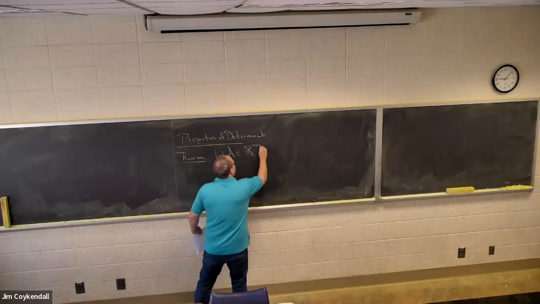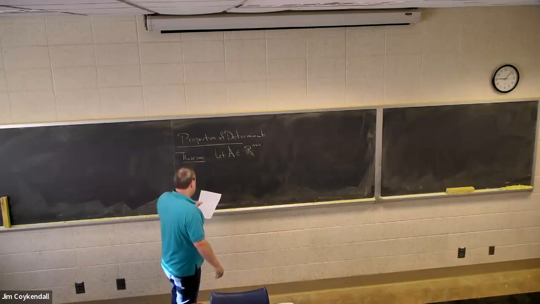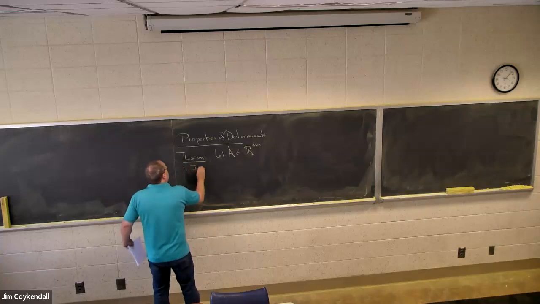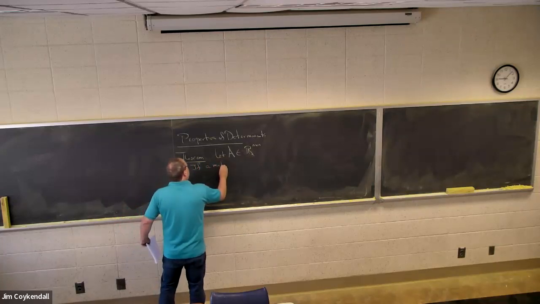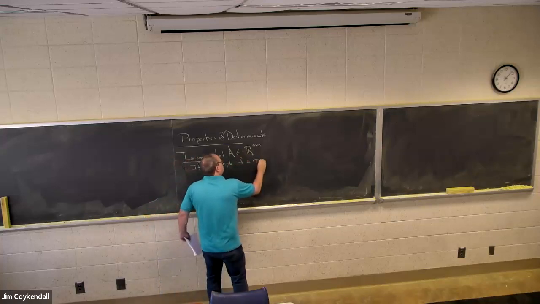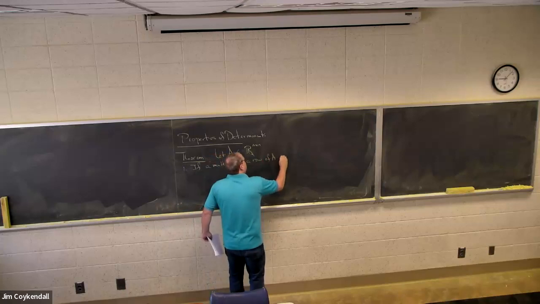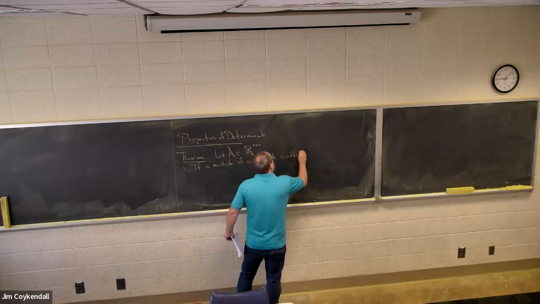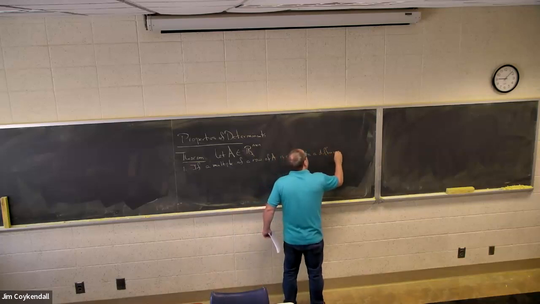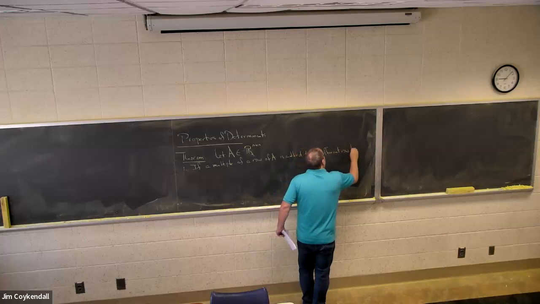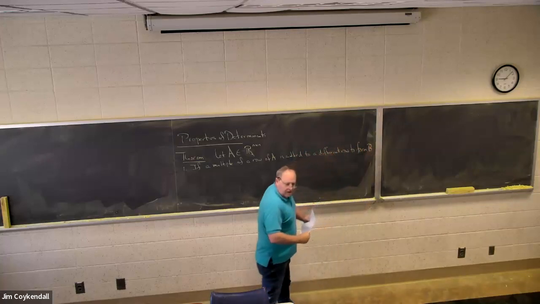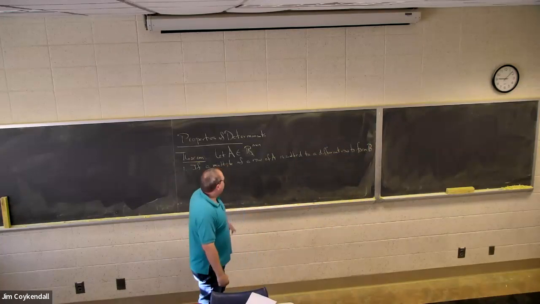So suppose you have a square matrix. Number one, if a multiple of a row of A is added to a different row to form B. So this is like one of our first matrix operations.